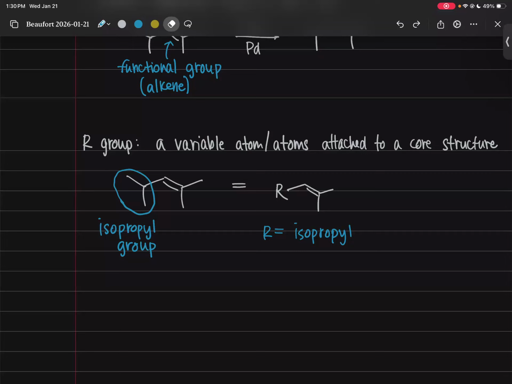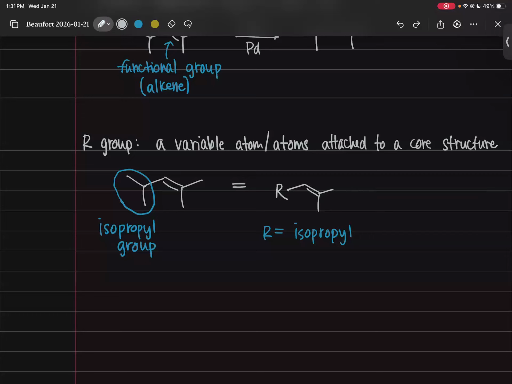Or we can specify and say, hey, R is equal to isopropyl, or we could make a list of a whole different set of things that R could be. And that way we can describe an entire set of similar molecules more efficiently. We'll do that in organic too.